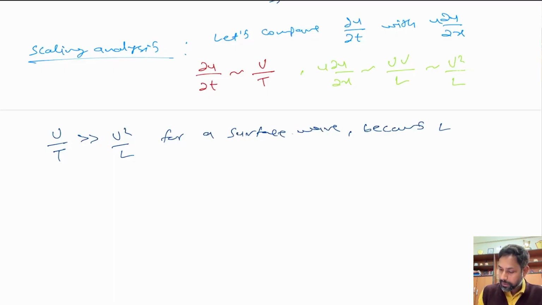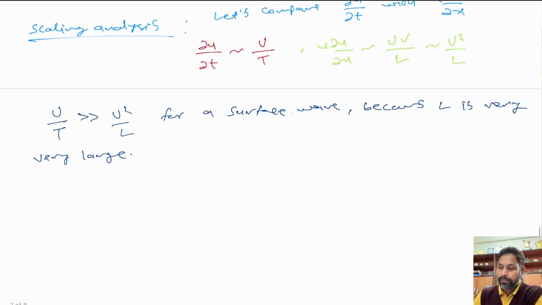because L is very large. What actually happens is that the length scale under our consideration, where the wave does not really stop, so it goes up and down but just keeps moving. So the concerned length scale actually goes to a really large value, larger than just the length scale of the wave, and that is why in the case of d by dx we have to consider the total length scale rather than just that small length scale.